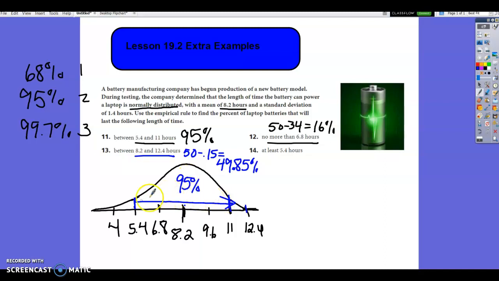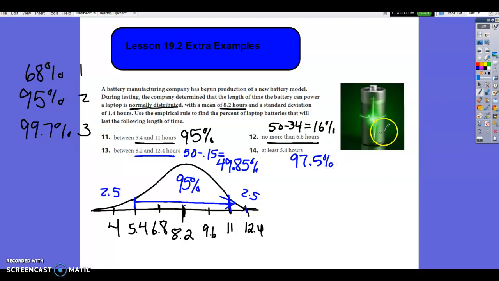So if I have 95% here, that means I have 2.5 here and 2.5 here. All right, so I want at least 5.4, everything above this. So it would be 95 plus this 2.5. This 2.5 is below that line, so it's not included. So this would be 97.5%.